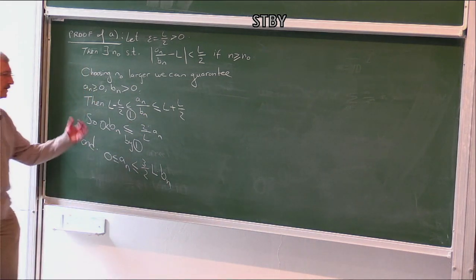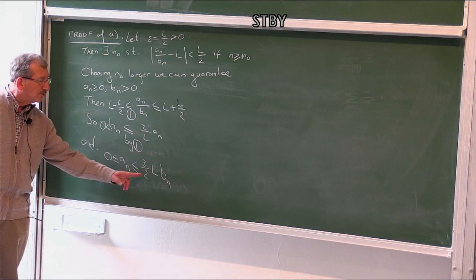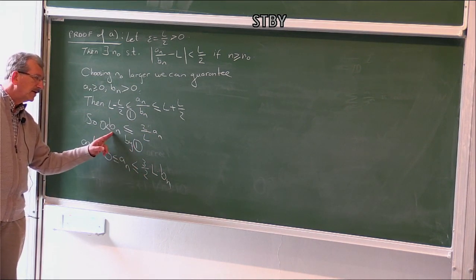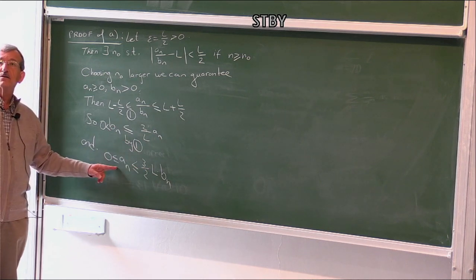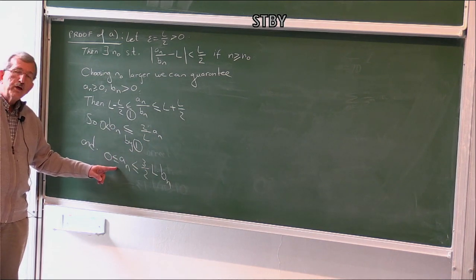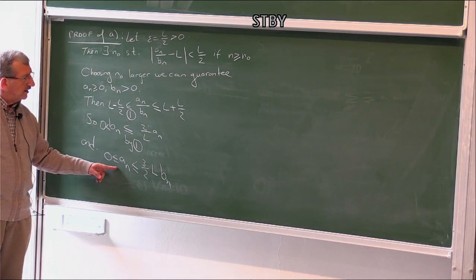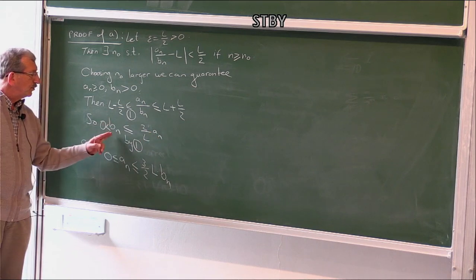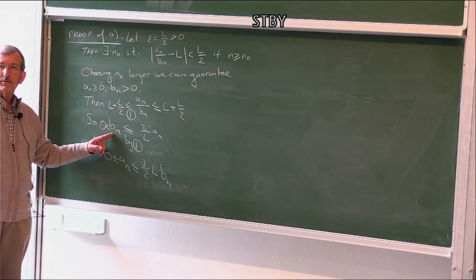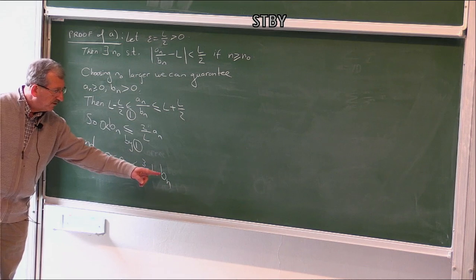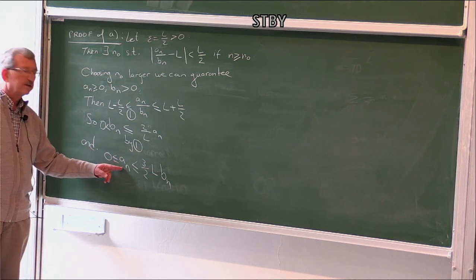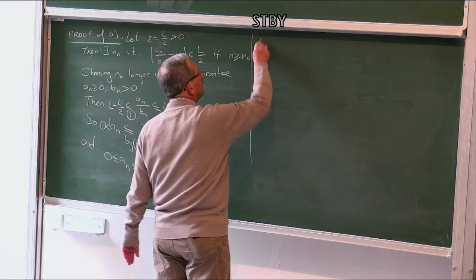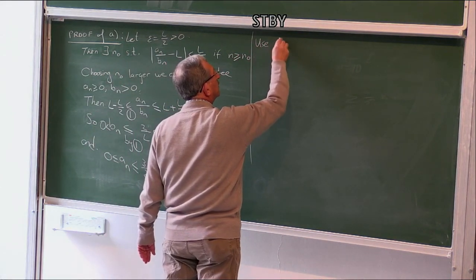Now, this says that up to a positive constant, An's are bigger than Bn's, and Bn's are bigger than An's. So if we use comparison theorem here, if the series of An converges, so does the series of Bn. If the series of Bn converges, so does the series of An.